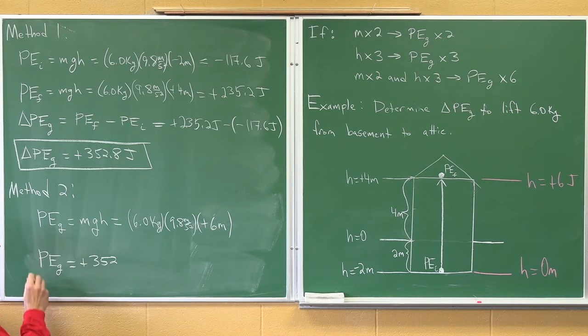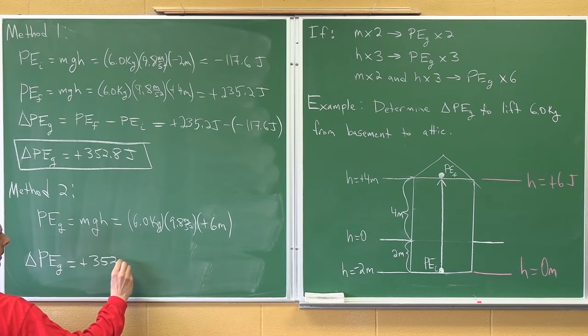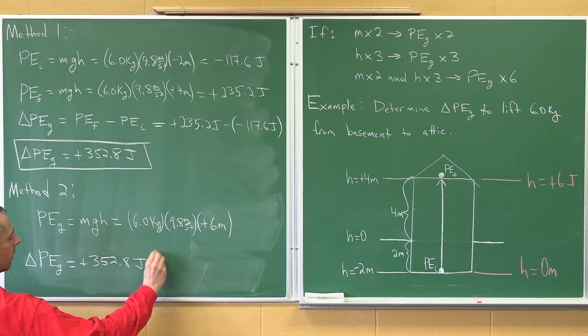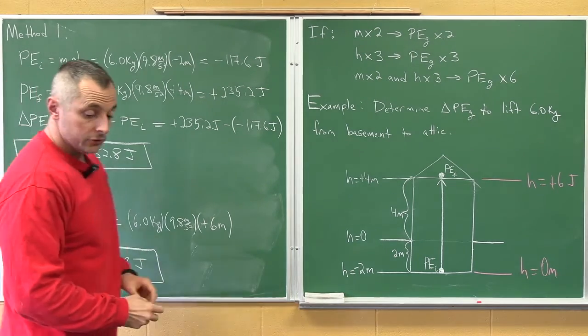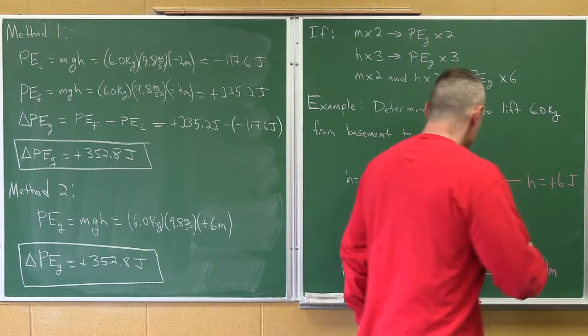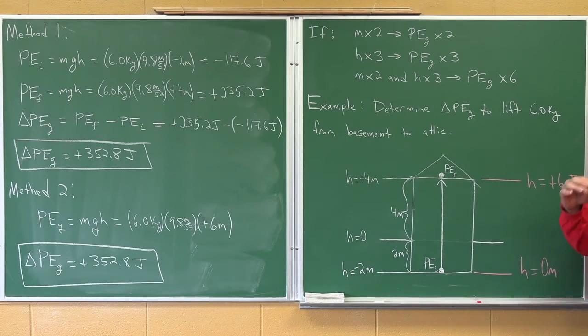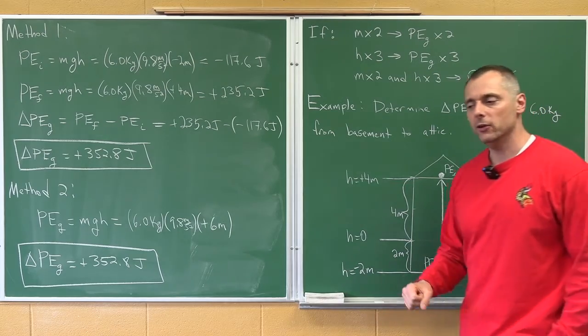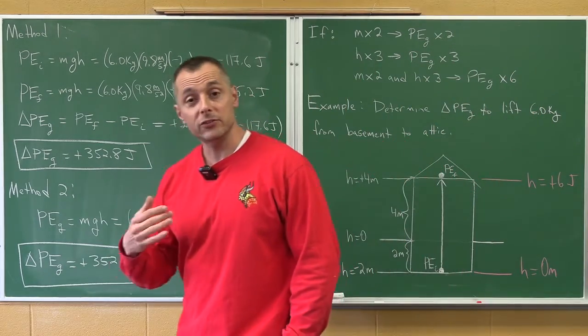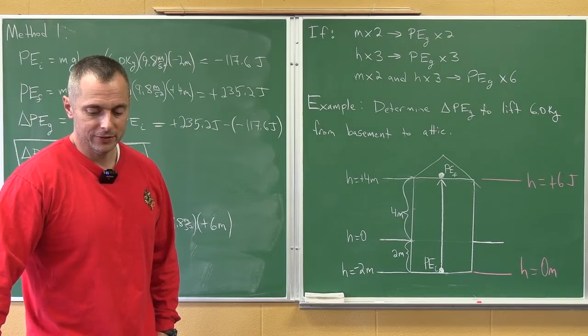Oops, delta. So you get the same answer if you call the starting bottom point 0 and reconfigure the final point based on that new h equals 0.